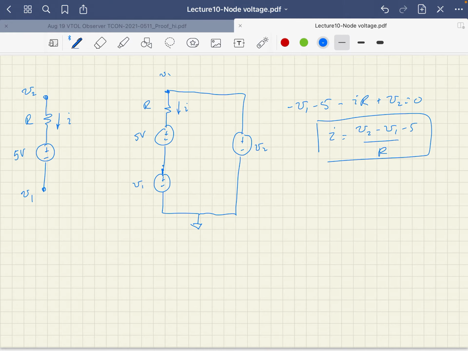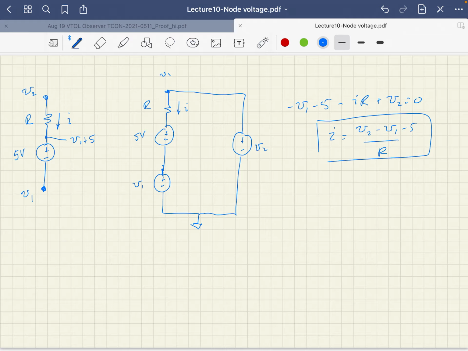Okay, now that's one way. Another way we can do it is, here's V1, and as I said in class, this point right here has to be 5 volts bigger than that point. So we can label this guy as V1 plus 5.